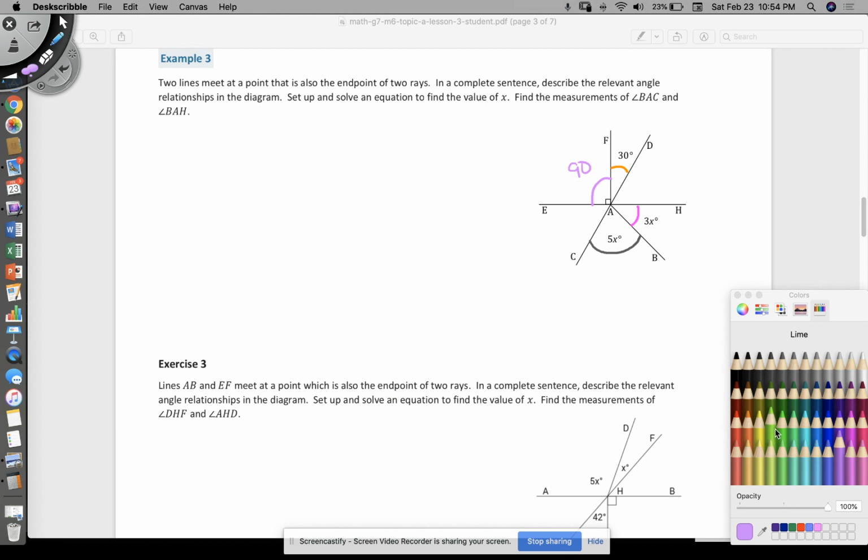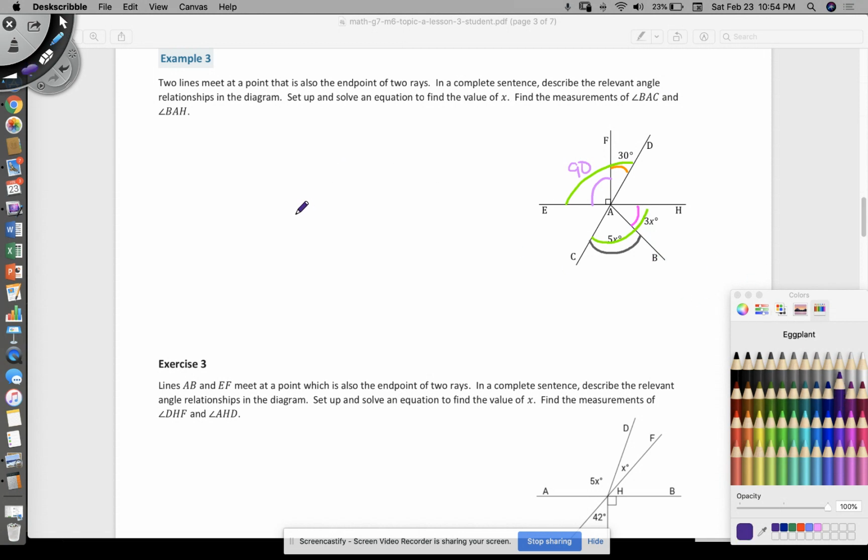Now, I also noticed that I have a rule here that I just kind of came up with. If I take these two and these two, I have vertical angles. Check that out.